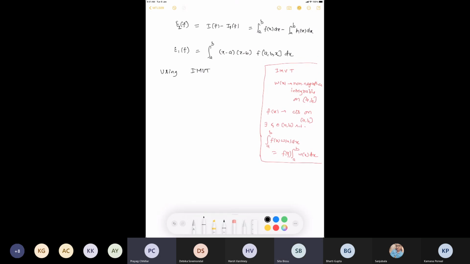We take w(x) equal to (x minus a)(b minus x) and f(x) equal to the divided difference f[a, b, x]. If you took w to be f[a, b, x], how would you make sure it is non-negative, because f can be any arbitrary function? But look at x minus a into b minus x.